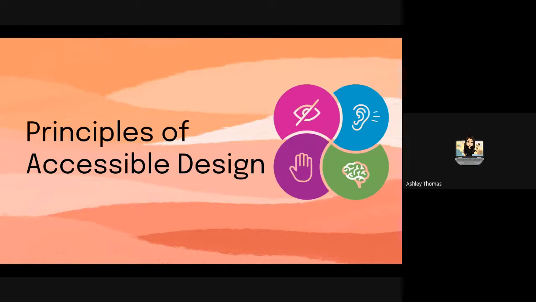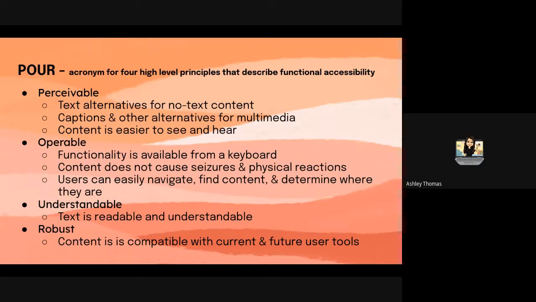We're going to start off with some principles of accessible design. So, we're going to talk about POUR. And POUR is an acronym for 4 high-level principles that describe functional accessibility. And those 4 high-level principles are perceivable, operable, understandable, and robust.